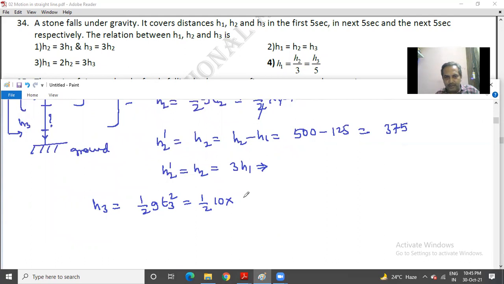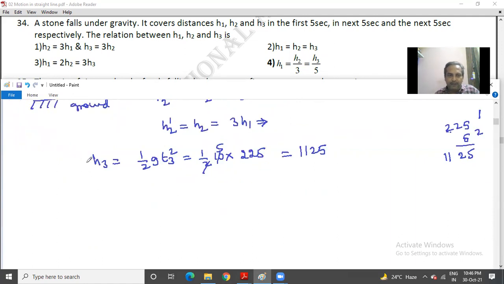So 15 square is 225, and 5 times 225 is going to be 1125.